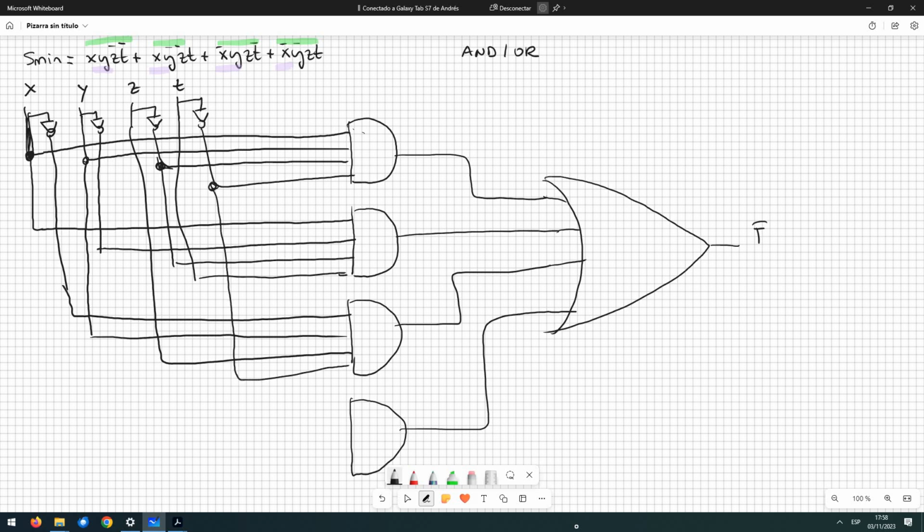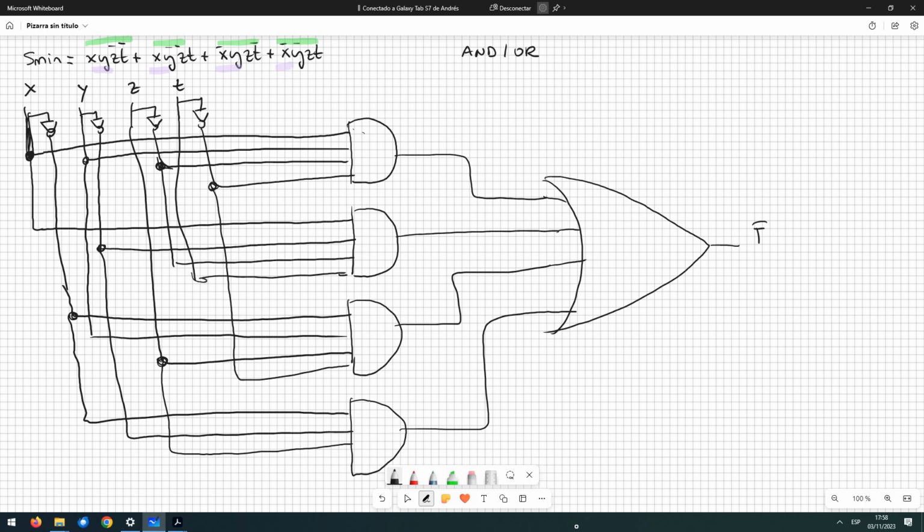And in the last one we need x negated, y negated, c not negated, and t not negated. So we have a two-level AND/OR implementation of F as the exercise asks.